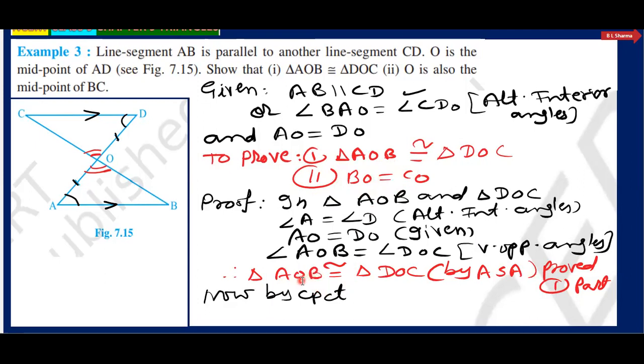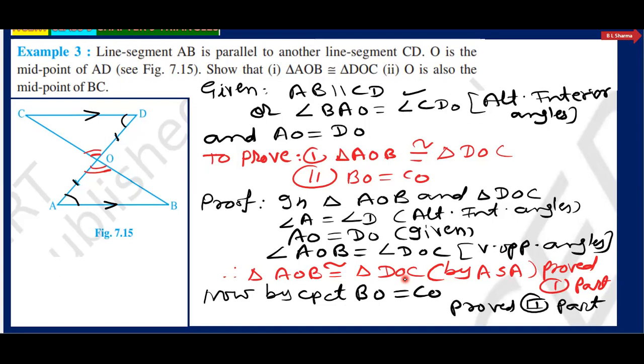Third, second, BO. And here third, second, that is CO. These are corresponding parts. So proved second part. So that's all for this example number 3.